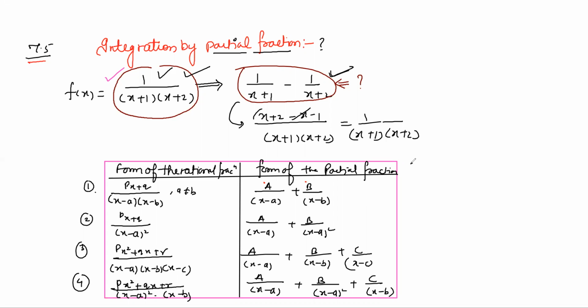One more variety is there, the fifth: (px square plus qx plus r) upon (x minus a)(x square plus bx plus c). This can be written as A upon x minus a plus (Bx plus C) upon (x square plus bx plus c).